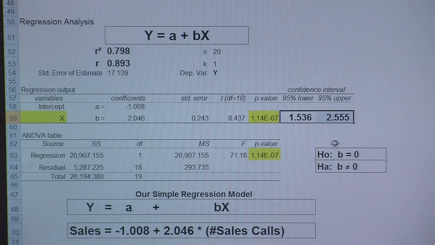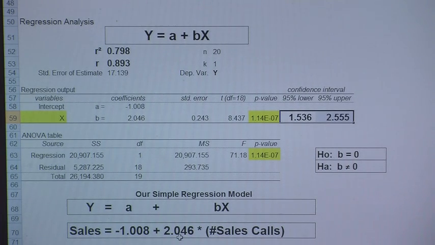What you see here is that while our point estimate is 2.046, our lower bound is 1.536, and our upper bound is 2.555. Keep in mind that halfway in between 1.536 and 2.555 would be our point estimate, 2.046.